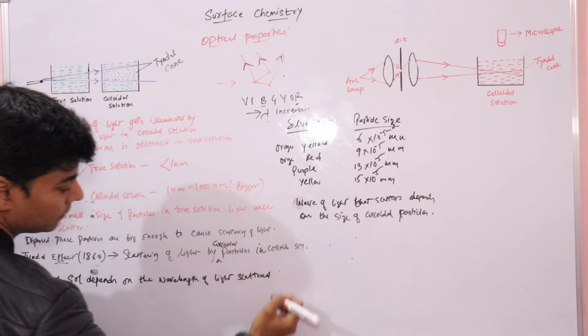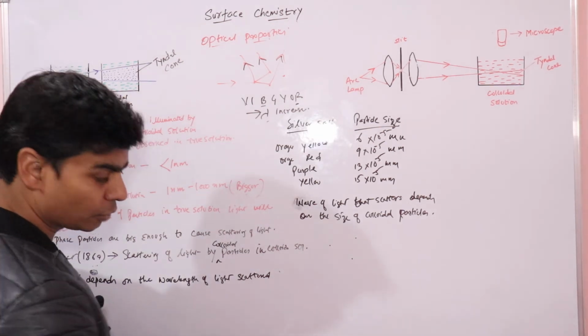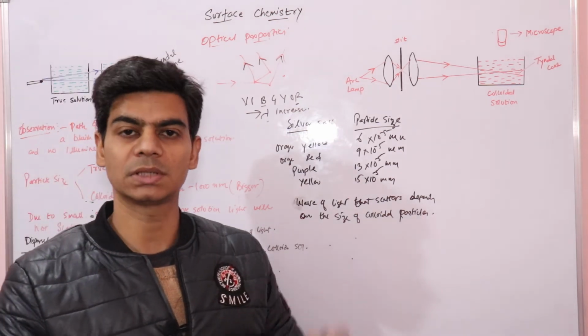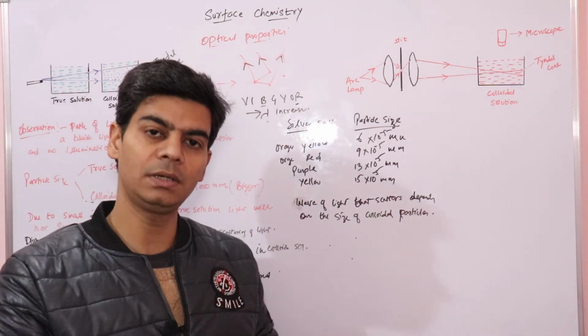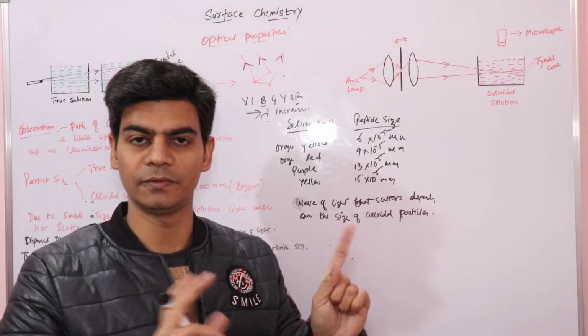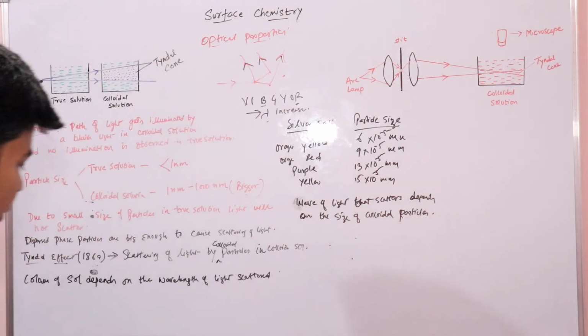The wavelength of light that gets scattered depends on the size of the colloidal particles, and different sizes of colloidal particles scatter light of different wavelength, due to which you see different colors of colloidal solutions.